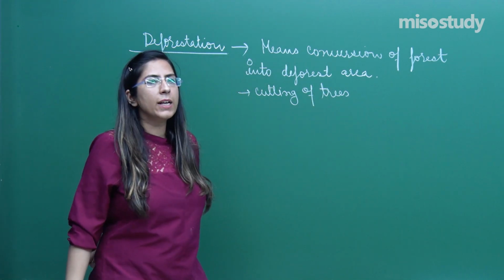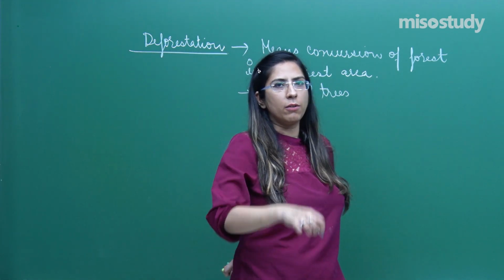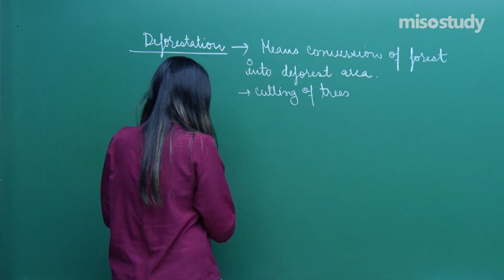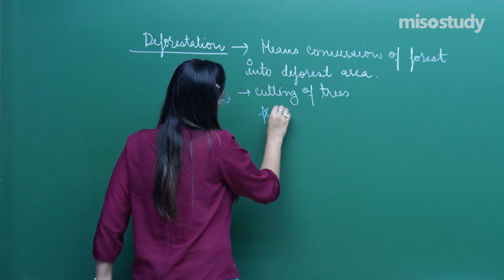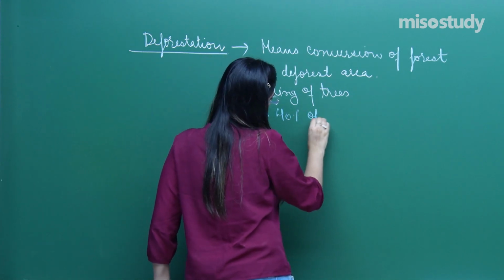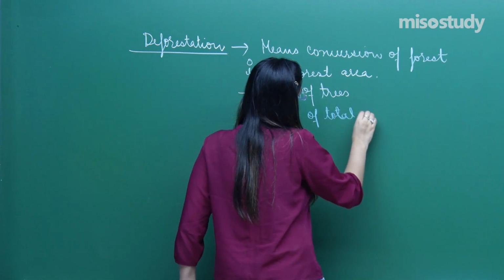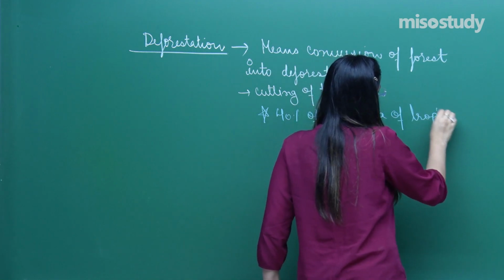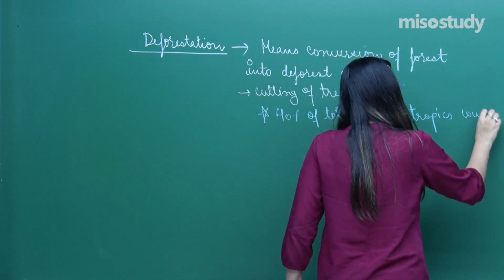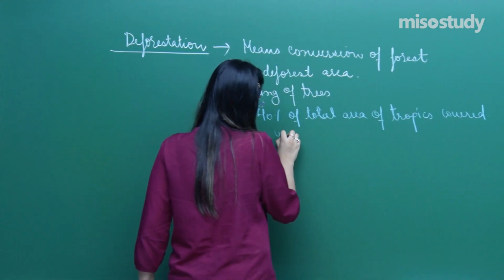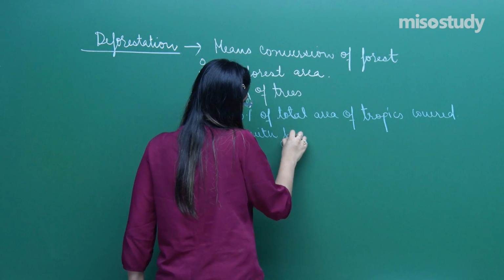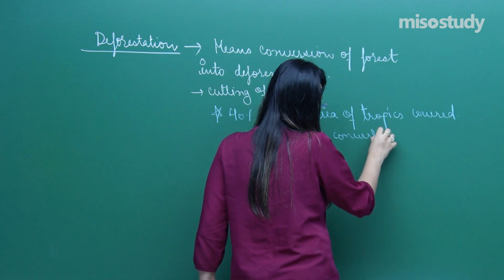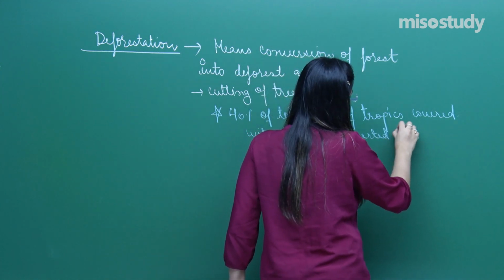Now, let's look at some data. 40% of the total area of the tropics covered with forest is converted into barren land.